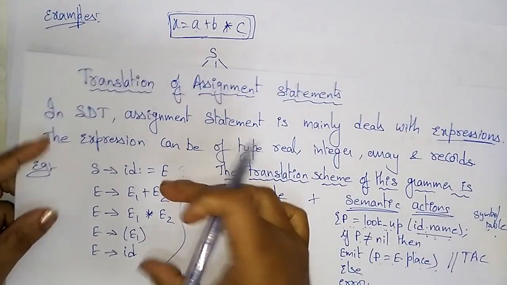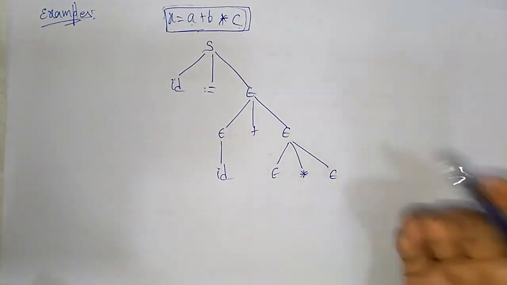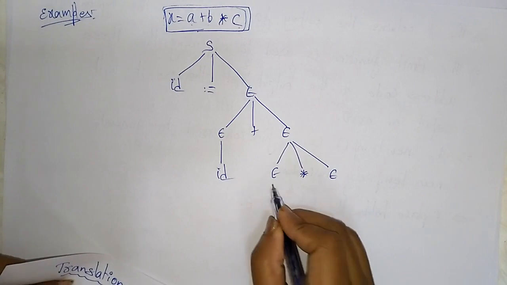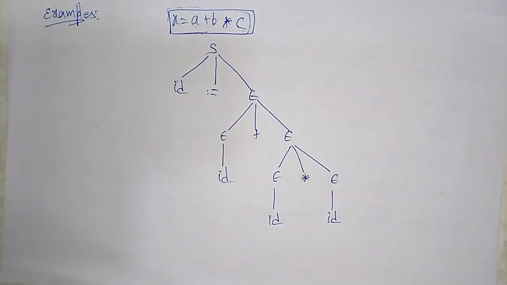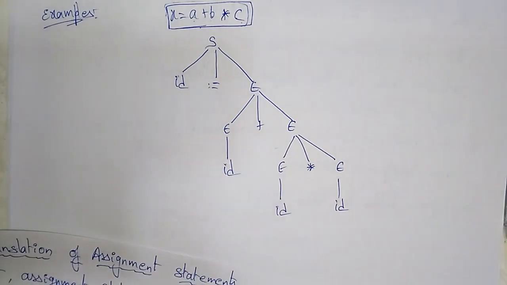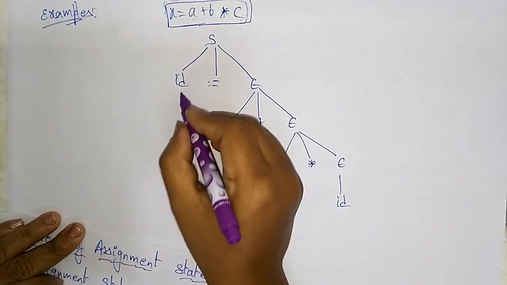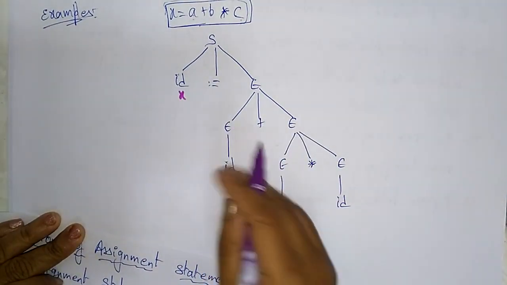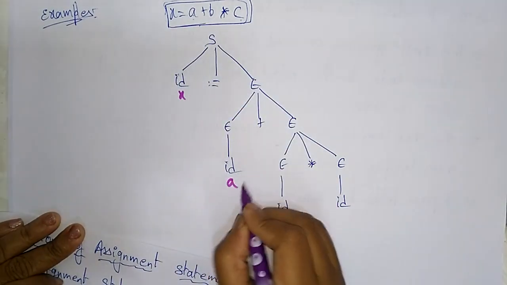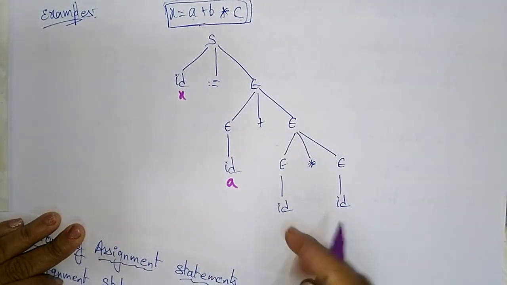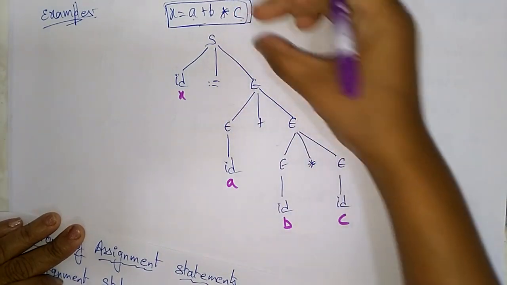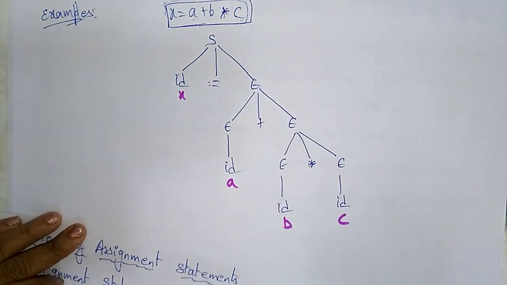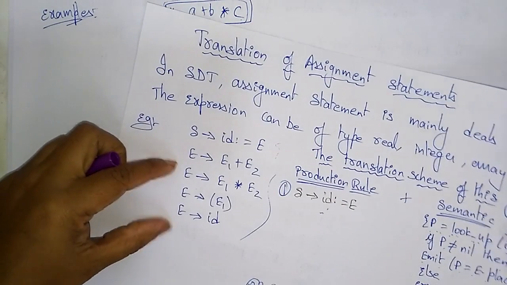Whatever the productions are, I am representing them in the parse tree. So these are the IDs, with values x and a. x = a + b * c is the expression, and that expression will be represented using these productions.